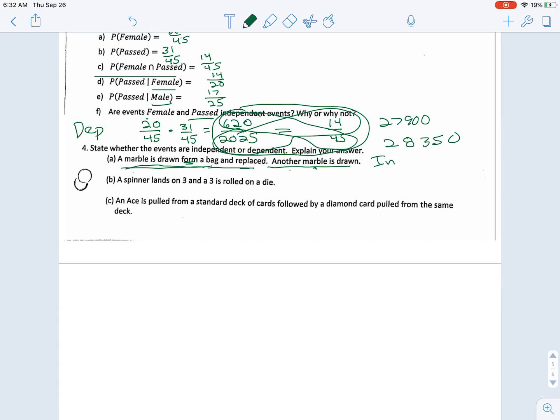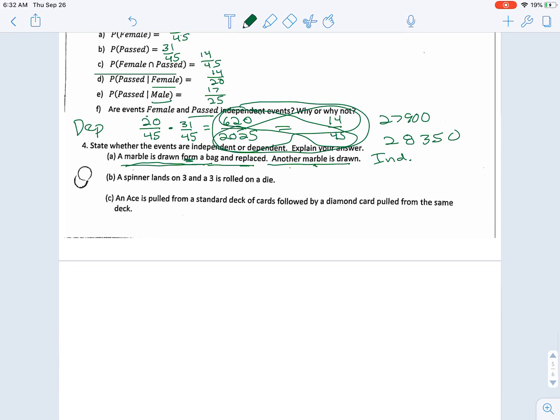So that's independent. If I didn't put the marble back, my odds would change the second time, therefore making it dependent. A spinner lands on 3, and a 3 is rolled on a die. If I spin a 3, that's going to do nothing to change my odds for getting a 3 on a die. Independent.